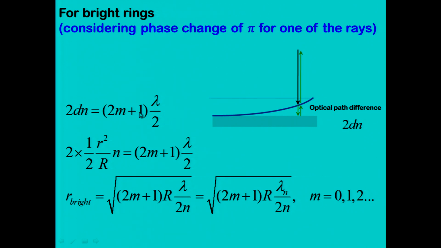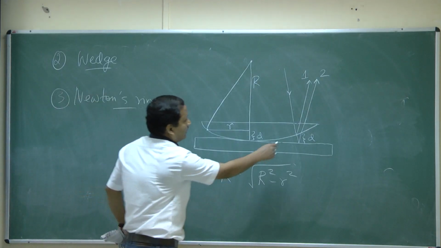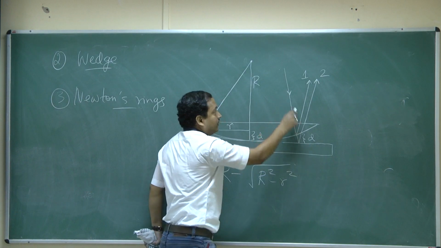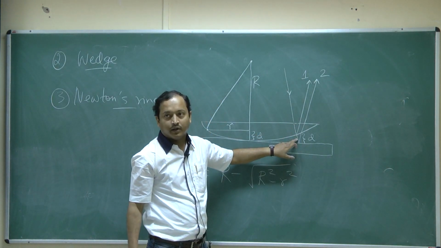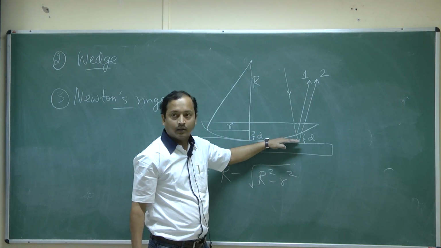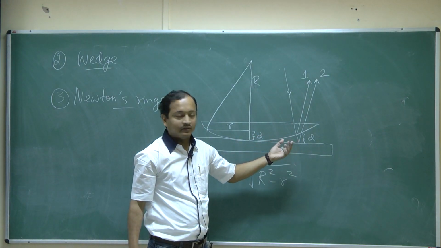This is a condition which you usually see for dark rings, but here it occurs for bright rings, because ray 1 goes from a denser to a rarer medium. Suppose this is air within this wedge part, no medium, just air.